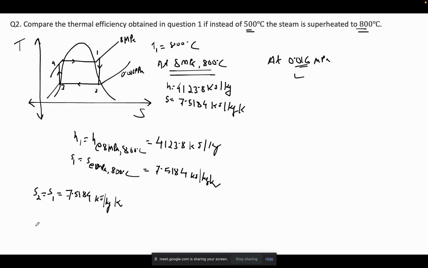Again, S2 is equal to SF at 0.016 megapascal plus X2 times SFG at 0.016 megapascal. Now remember, whatever X2 we got earlier will not remain the same, because the point is getting shifted. Earlier the point was a little bit this side, and now it is almost here. Because of that shifting, this will change.